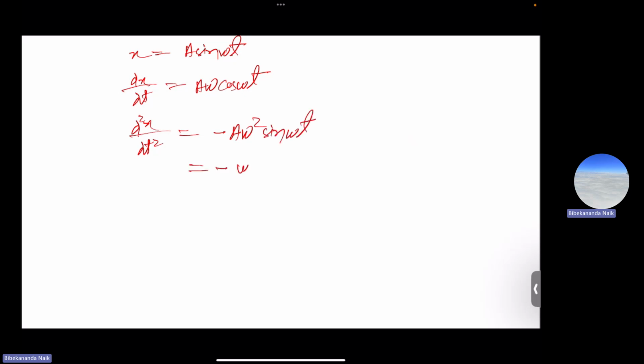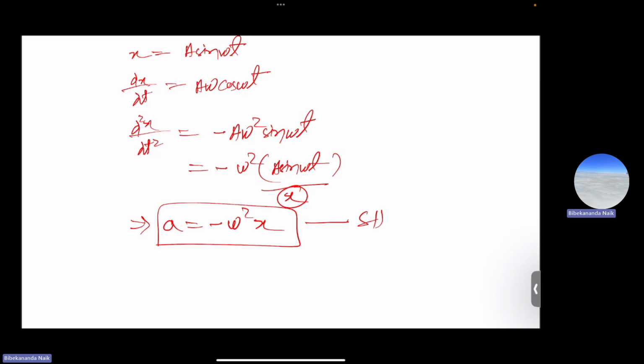So minus omega square a sine omega t. This is nothing but x. So a is minus omega square x. This is a simple harmonic motion. So in case of simple harmonic motion, a is directly proportional to x but with a negative sign.